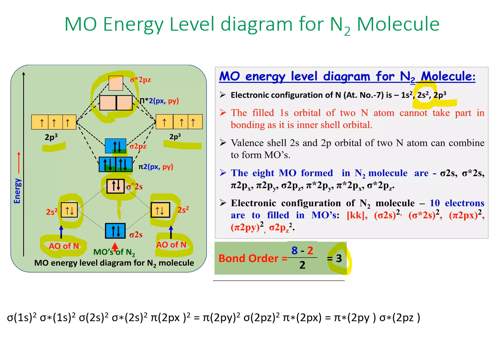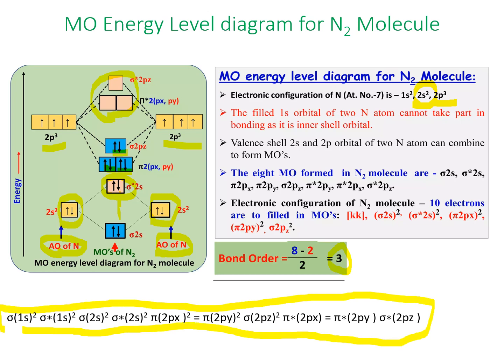We can also write the relative bond energy for the nitrogen molecule. This is the relative bond energy for the nitrogen molecule. Here 1s2 and sigma star 1s2 electrons are filled. Then sigma 2s2, sigma star 2s2.